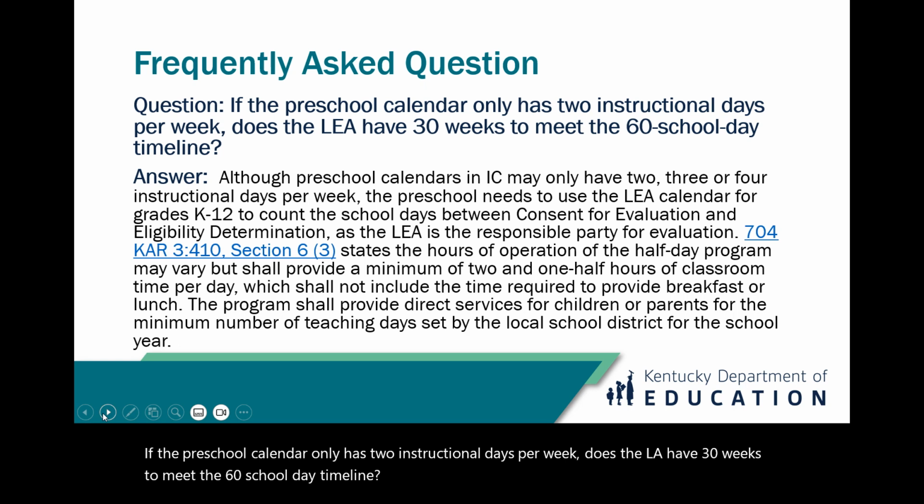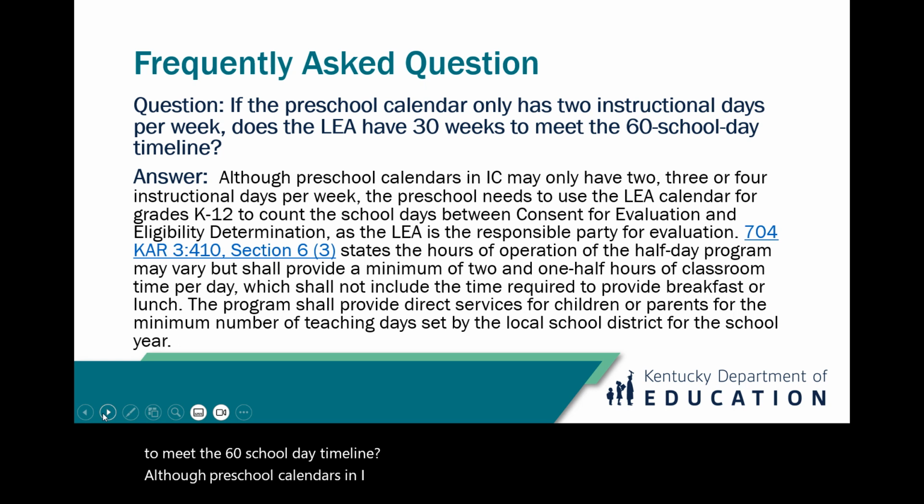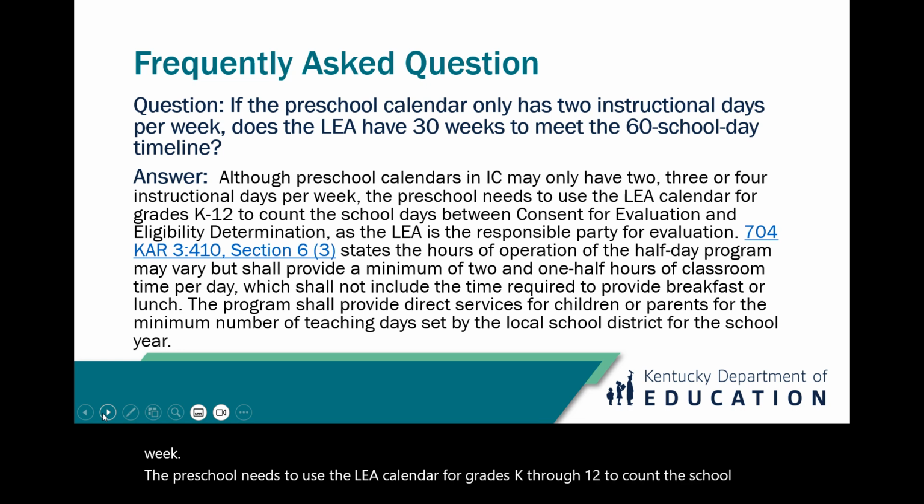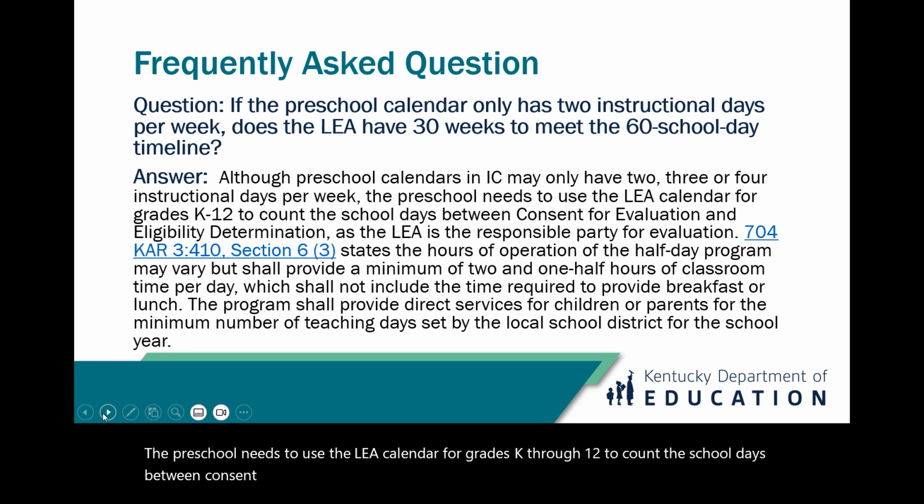Although preschool calendars in IC may only have 2, 3, or 4 instructional days per week, the preschool needs to use the LEA calendar for grades K through 12 to count the school days between consent for evaluation and eligibility determination, as the LEA is the responsible party for the evaluation.